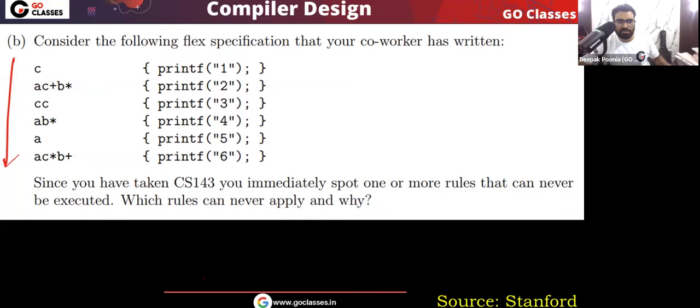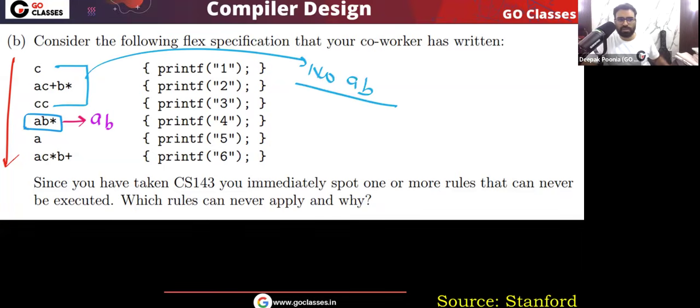What about the next one, this A B star? Can you give me at least one string which can be generated here which is not present above it? Yes, AB, or for example A double B. You can notice above it there is no AB.